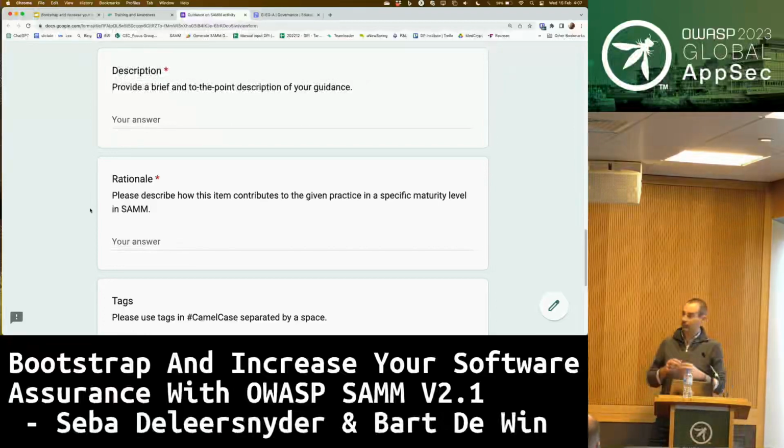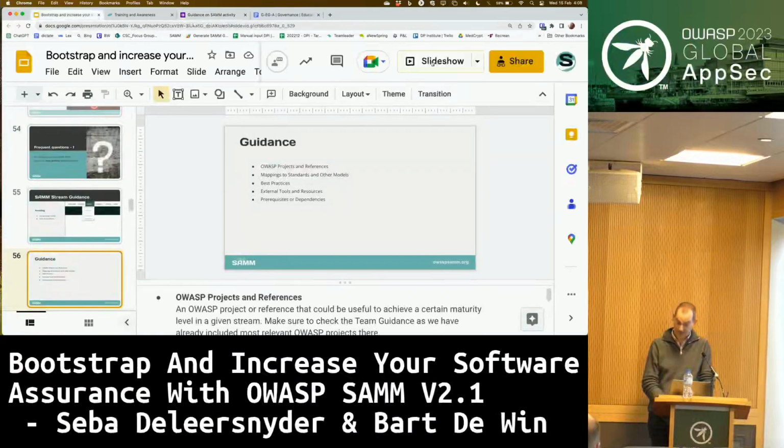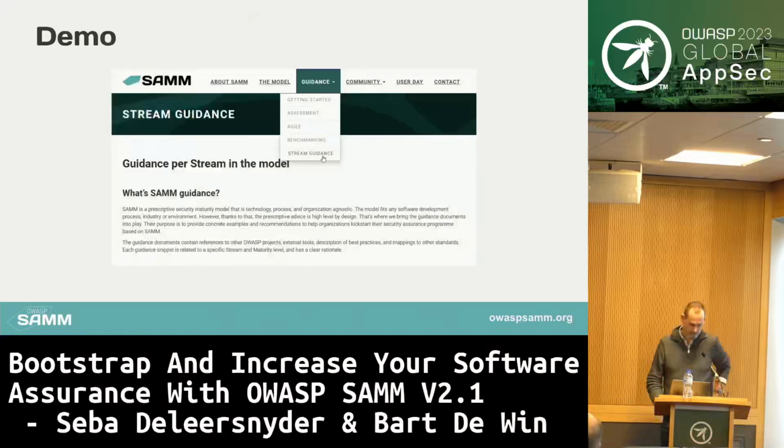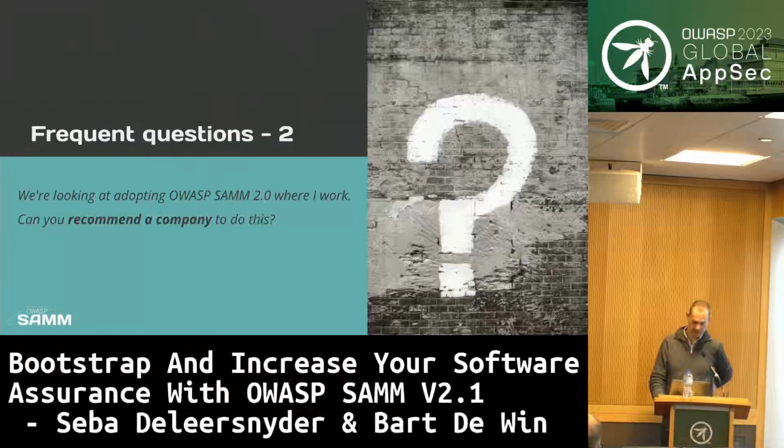In this way, we are already getting quite a few suggestions. Just to be very clear, they're not automatically pushed into the guidance. We review them, and then there's a Google script afterwards that regenerates those pages. So that's the guidance, and I think this is one of the really big steps that we've made with 2.1. So highly recommended. And if you see something's missing, call us out on that.